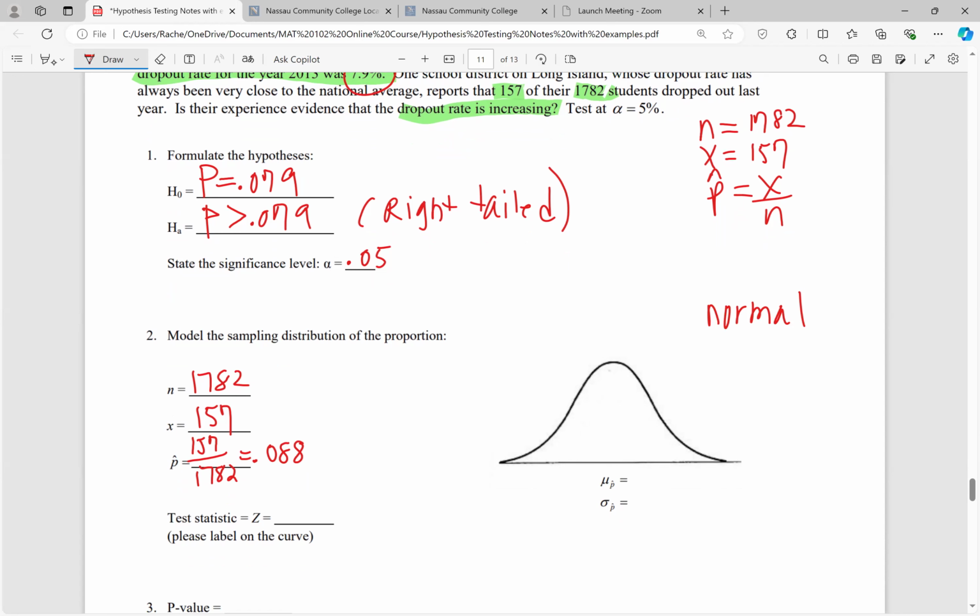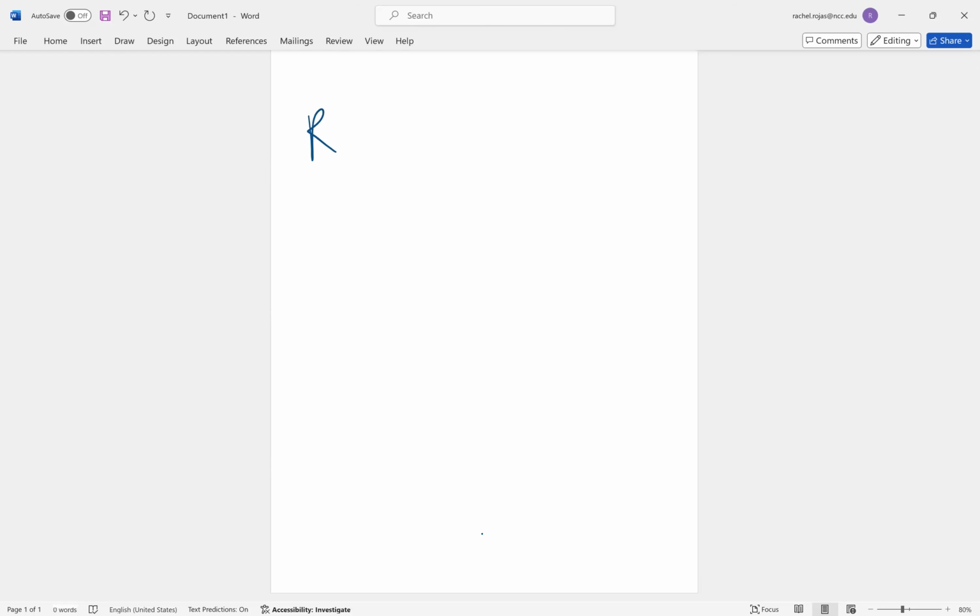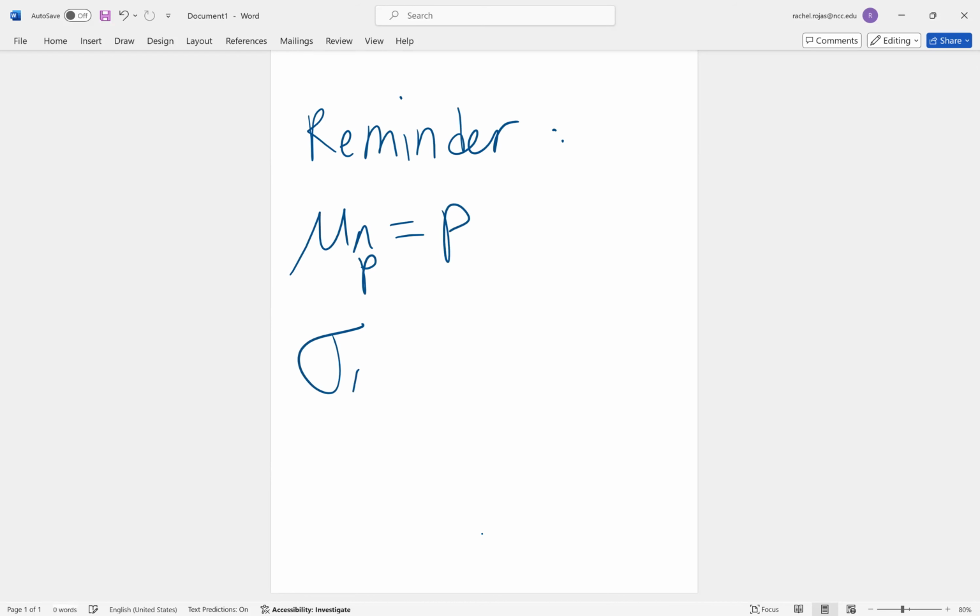Mu sub p hat. So let's do a quick reminder. I'll do this on the whiteboard. So just a reminder, this goes back to chapter 8. Mu sub p hat is equal to p, and sigma sub p hat is equal to the square root of p times 1 minus p over n.